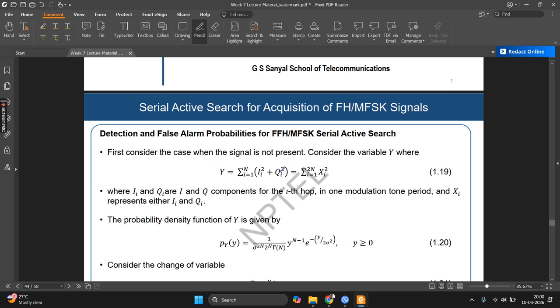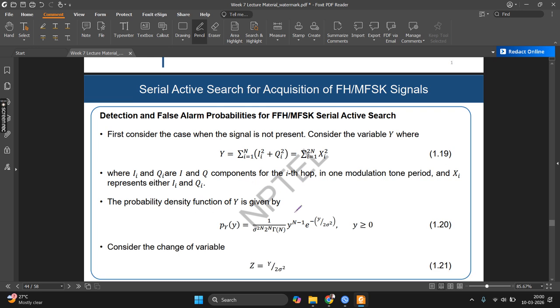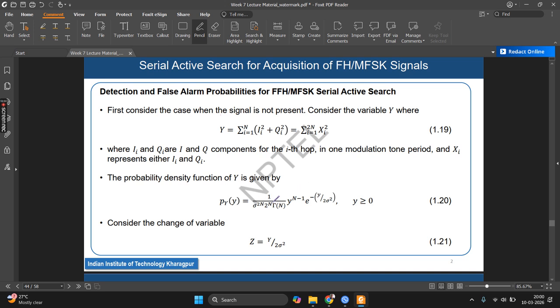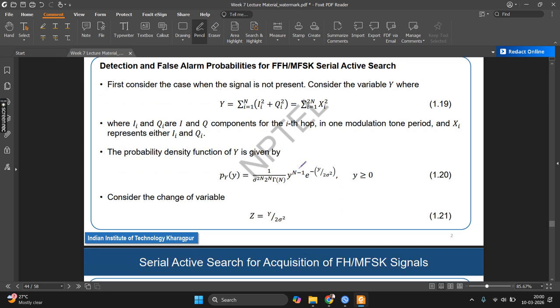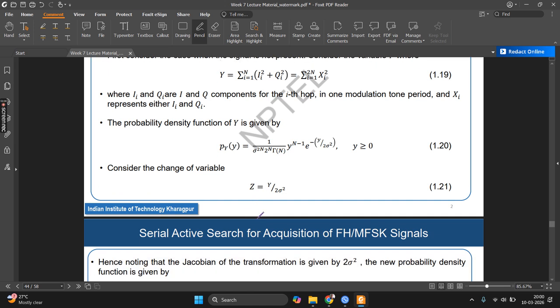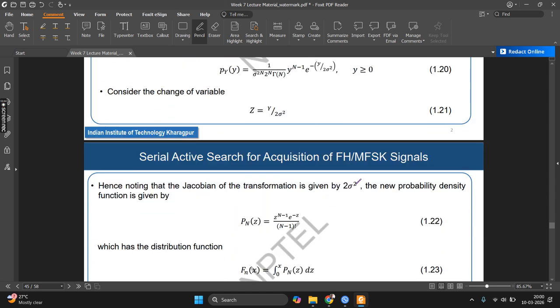We have to do a probability analysis. We initialize a variable y, which is the ith hop square of the in-phase and quadrature parts. Then the probability density of y is given by this gamma distribution. Why? Because it is in the square form. So it is given by the gamma distribution, and now you do a variable change and you will get this kind of a probability distribution.